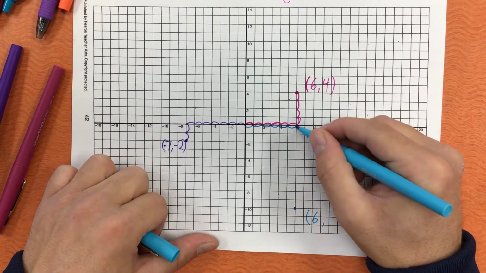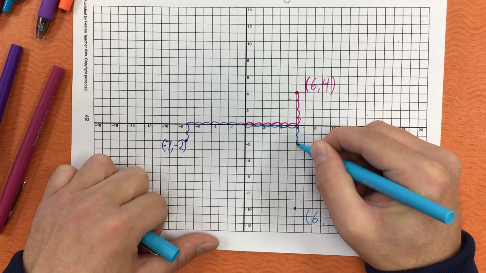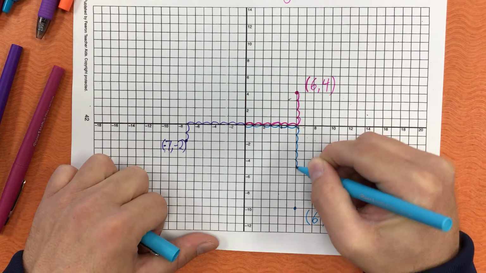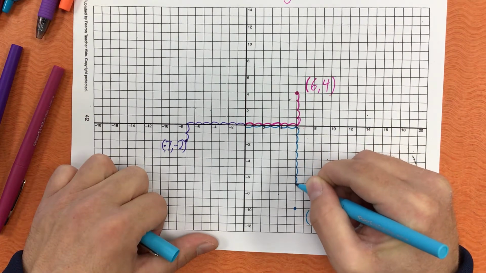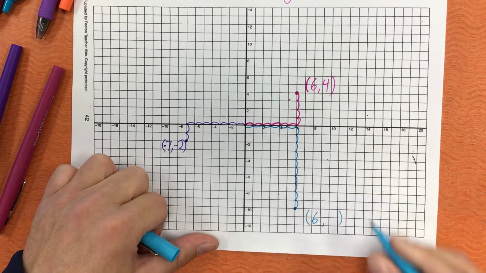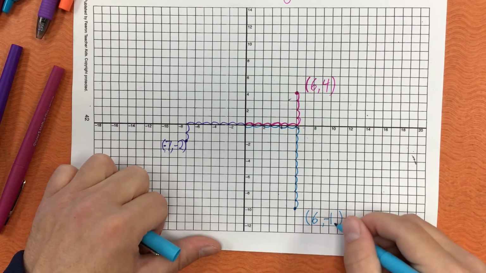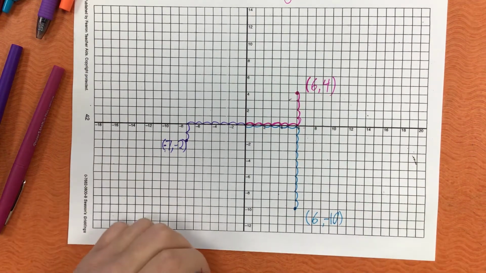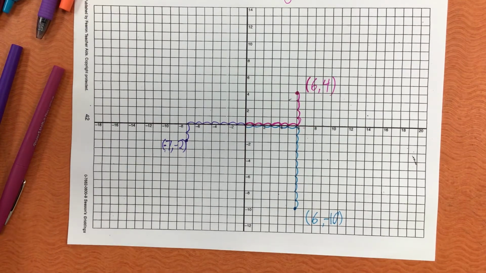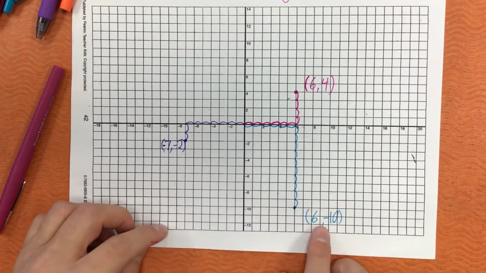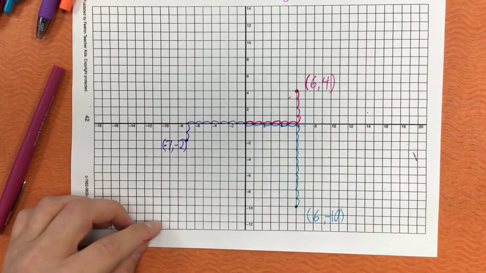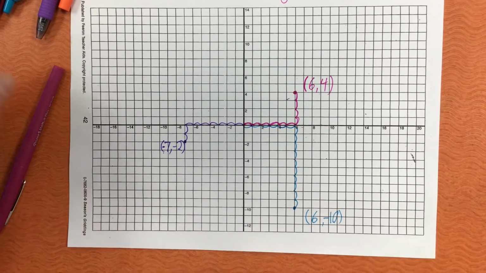And then I'm going to go down, so I know it's a negative. 1, 2, 3, 4, 5, 6, 7, 8, 9, 10, negative 10 down, right? And if you look at those numbers, you should be able to find a dot. So what we're going to ask you to do today and tomorrow is look for these ordered pairs, name your points, or go find one.